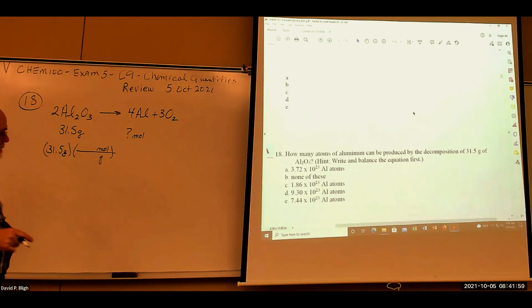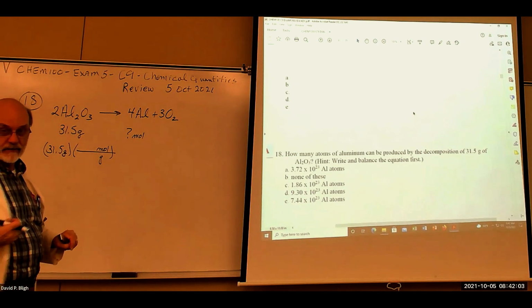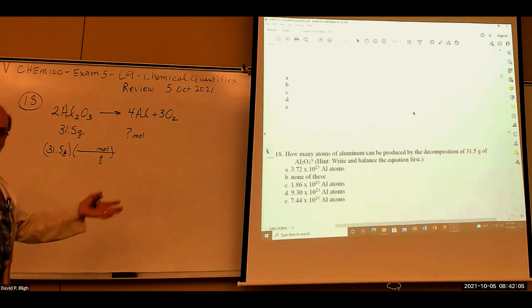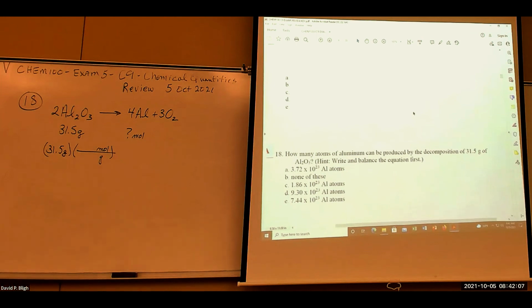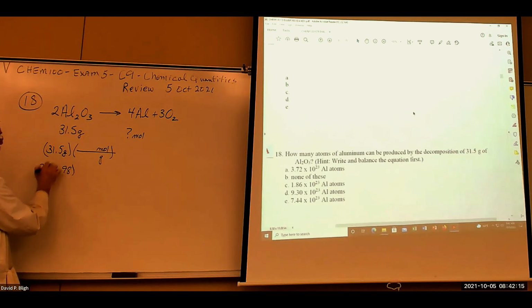Molar mass. So we have to calculate the molar mass of aluminum oxide. So we go to our periodic table. Aluminum is 26.98. 26.98 times 2. And then 3 oxygens.